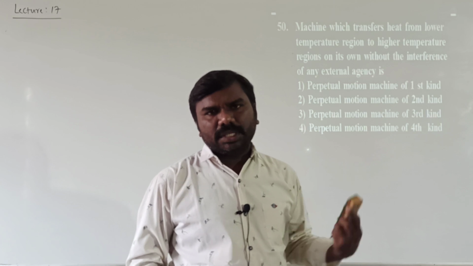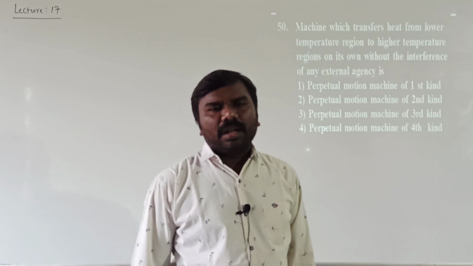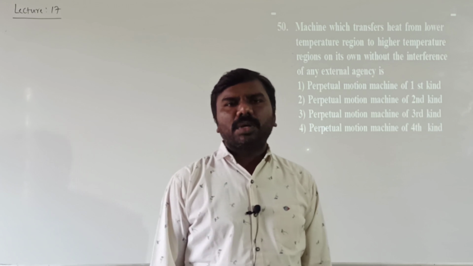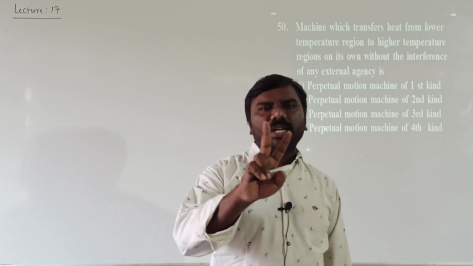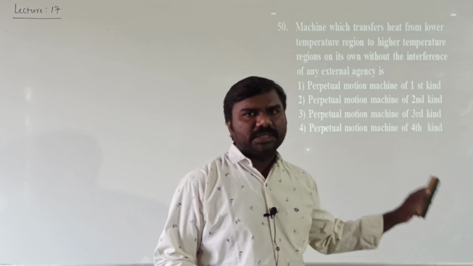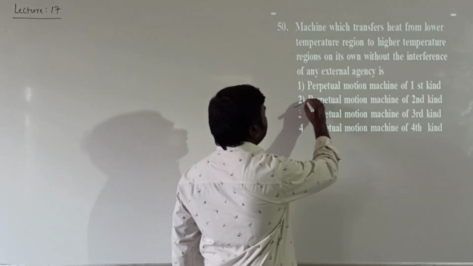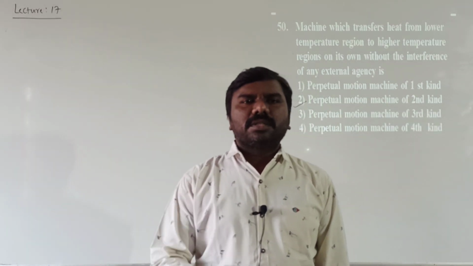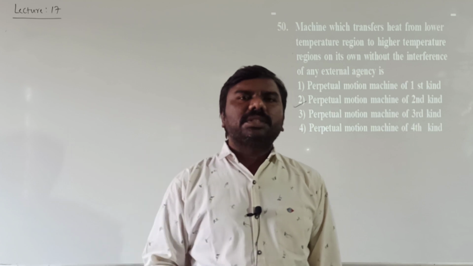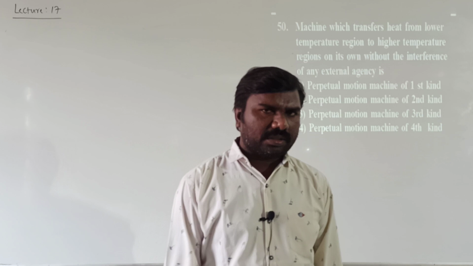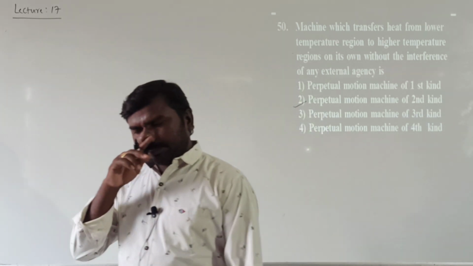Getting all of you? Same, it is the second law of thermodynamics. It is impossible to construct the perpetual motion machine of the second kind, called the second law. First kind is the first law. Perpetual motion machine means the machine works in a cyclic manner without consumption of any energy. It's very difficult. Next.